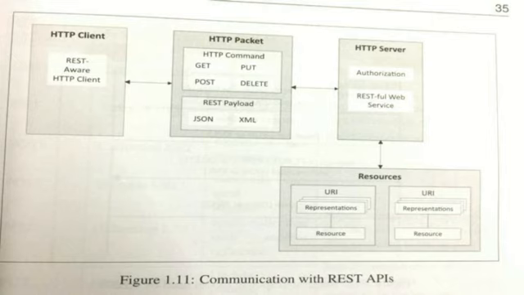The client message will reach the server. The server will check whether the requested resource is available or not. If the resource is available, then this resource will be allocated to the client. It is like a small client server communication. The client is requesting the resource and the server is giving the resource to the client by means of HTTP packets based on get and post, by means of JSON and XML. So this is how REST API is working.